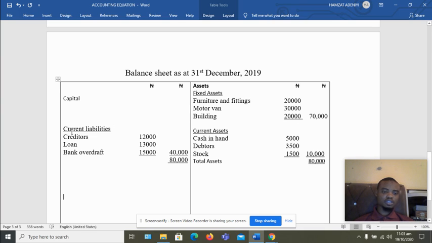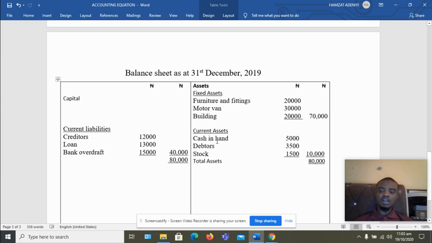Now move to the current liability side. We have creditors as a liability, we have loan as a liability, and we have bank overdraft as a liability. Please, you need to understand the concept of liabilities and the concept of assets.